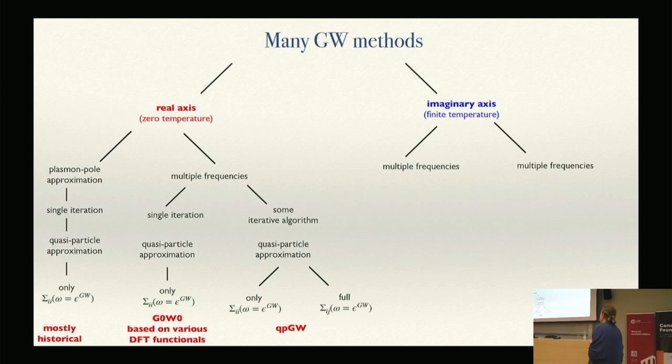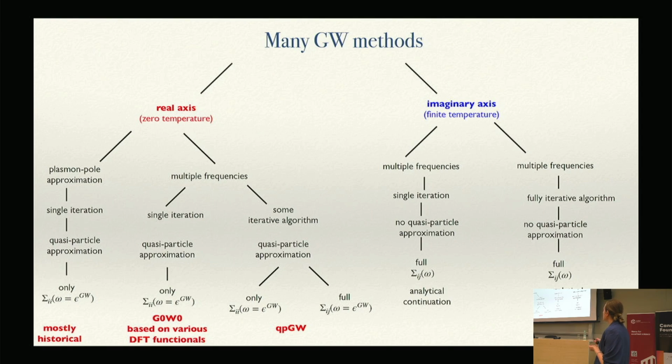When we do this on the imaginary axis, because we have finite temperature, we can increase the temperature of our solid, we have multiple frequencies, we fully iterate, and we have the full self-energy. But since it's obtained on this imaginary axis, we continue to the real axis to obtain spectra. This gives a method that is independent of the starting point.